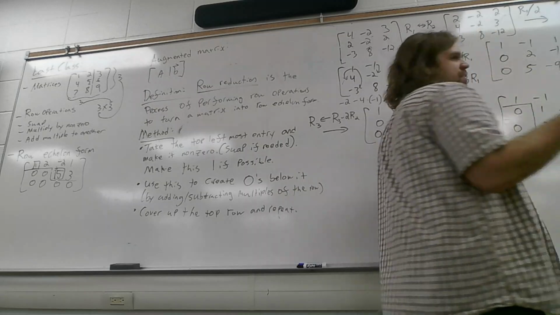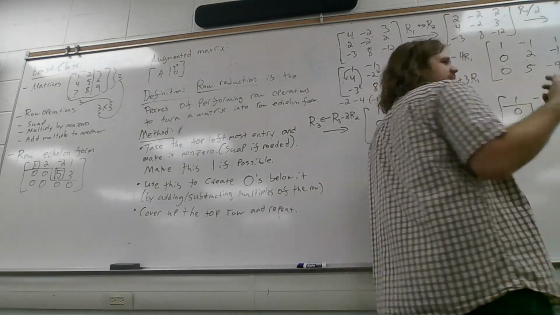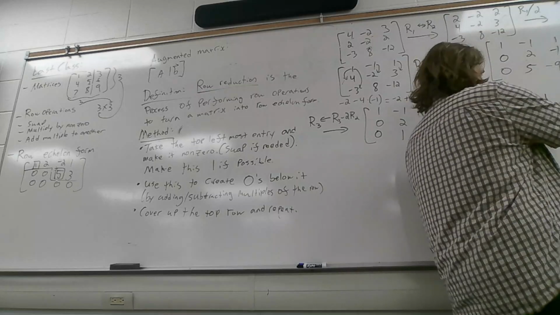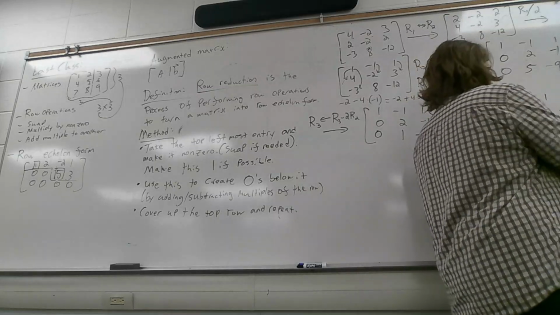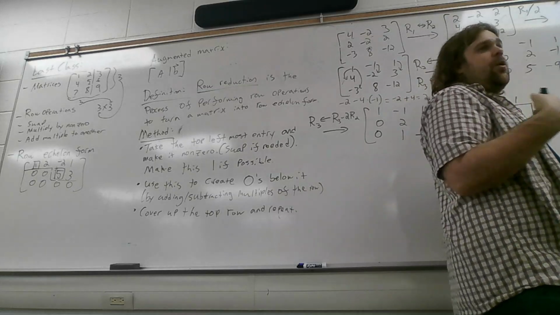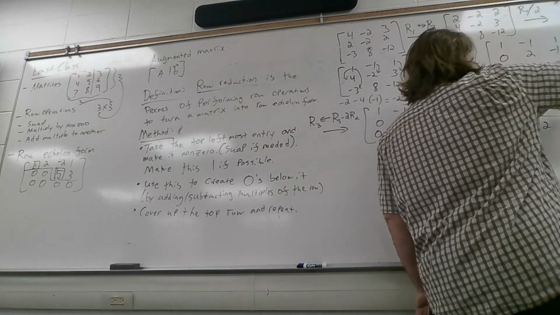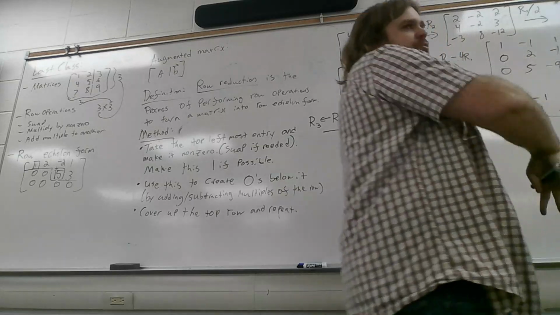And we don't have that yet, right? I mean, this is a staircase, but the top leftmost entry, this thing, is where we would actually draw the staircase, and below it is not zeros, right? So we have to keep going. That's how we know we keep going, right? If you find the top leftmost thing from where you just looked at, and it's not zeros below it, we need to do more.